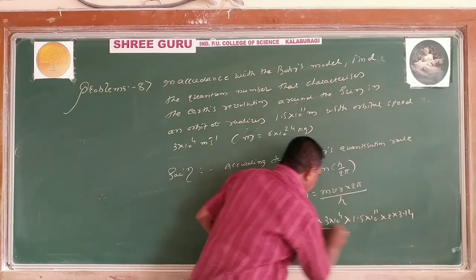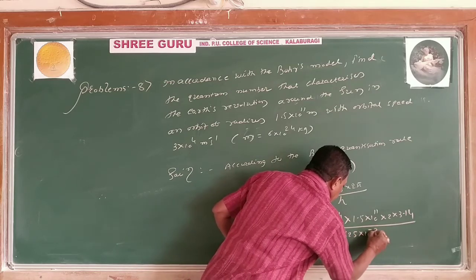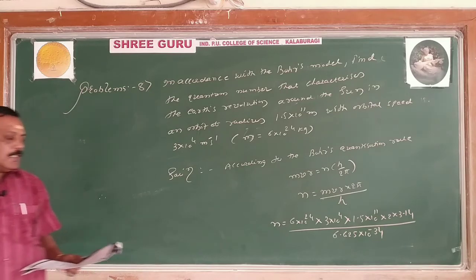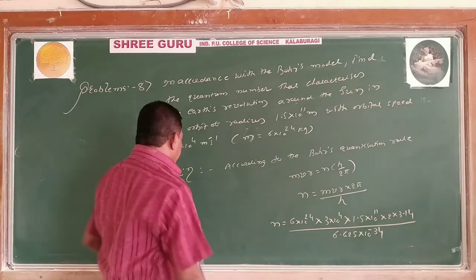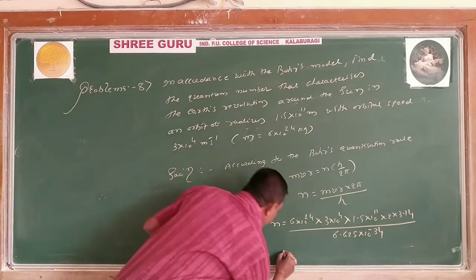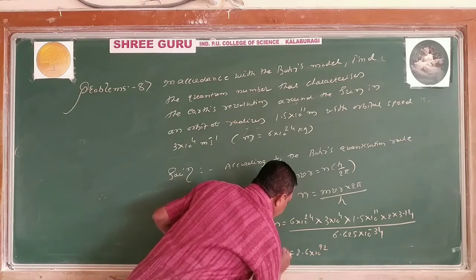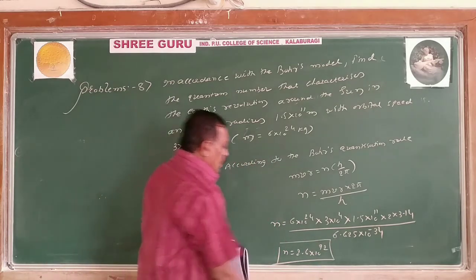What is Planck's constant? 6.625 into 10 to the power minus 34. By solving these factors, we get n equals 2.6 into 10 to the power of 72, that is nothing but 74.